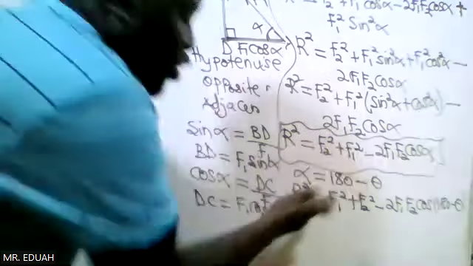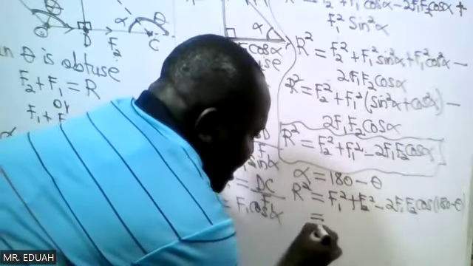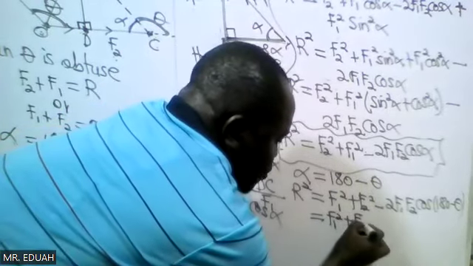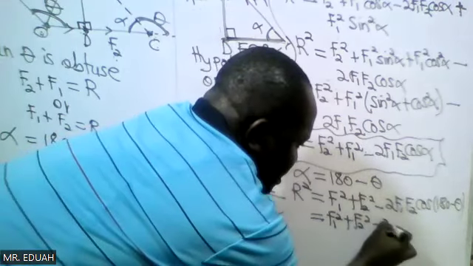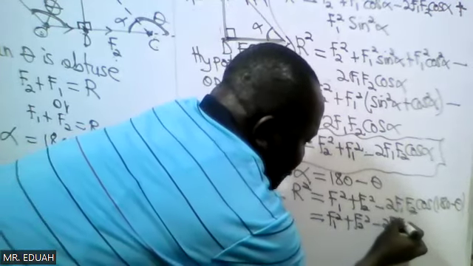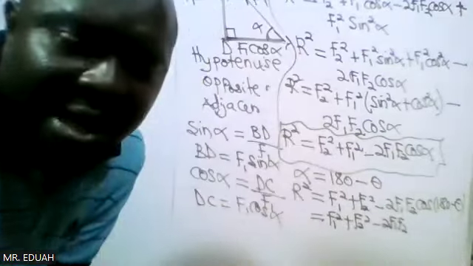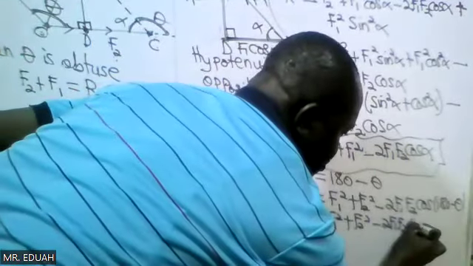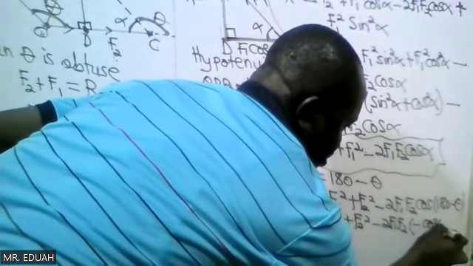And so this whole relation can reduce to F1 squared plus F2 squared minus 2F1 F2 times cos(180 minus theta), which is equal to negative of cos theta. So minus cos theta.